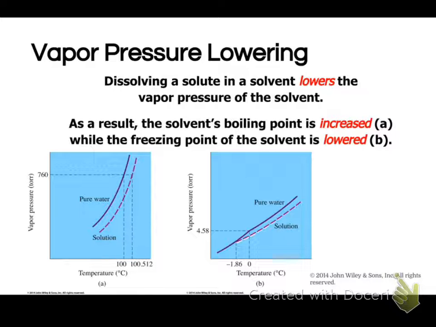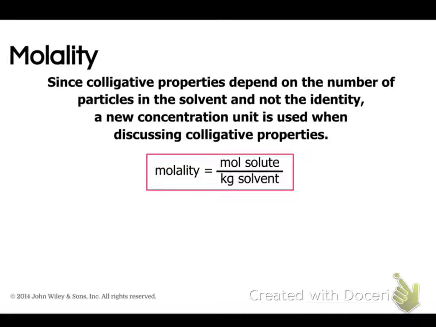Our definition of a solution is that it only forms if intermolecular forces of the solution are stronger than the solvent was. And if that's true, then the mixture doesn't want to be in the gas phase as much as the solvent did. So vapor pressure goes down. There's less gas in a solution than there was the solvent.